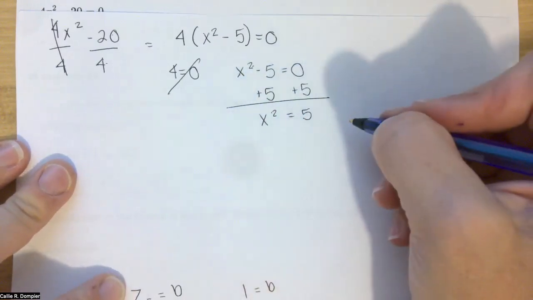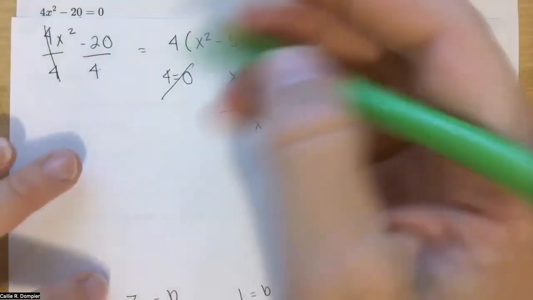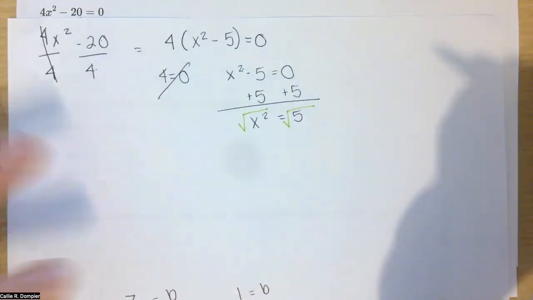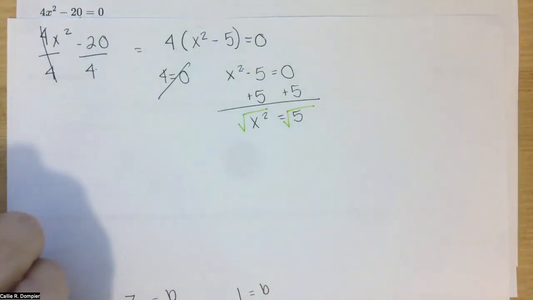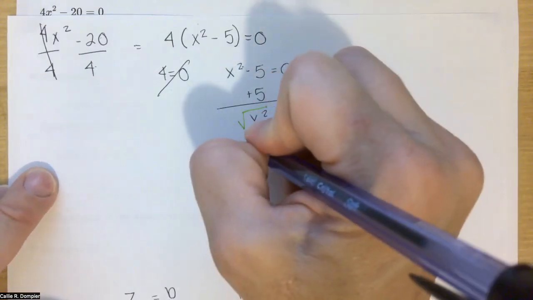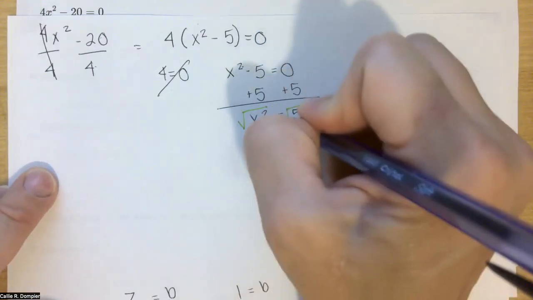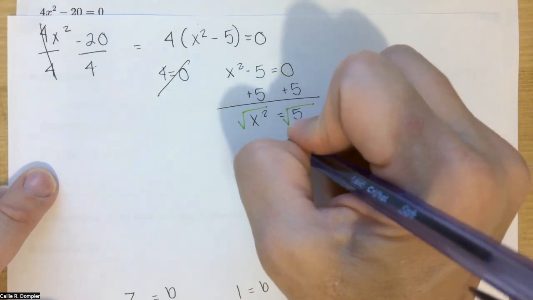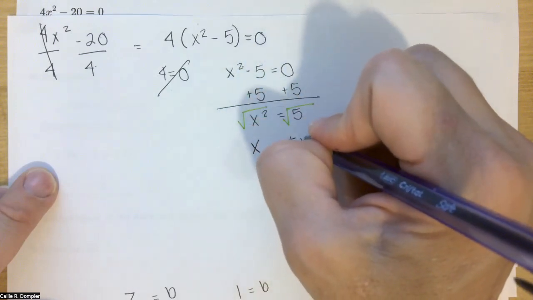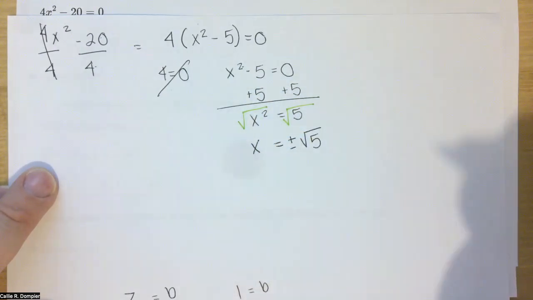Now, what should I do? Surprise. We're going to take the square root of x squared because that cancels the square, okay? The square root of x squared is x, and then the square root of 5, but anytime you take the square root, you have to say plus or minus, the positive or negative of the square root of 5.